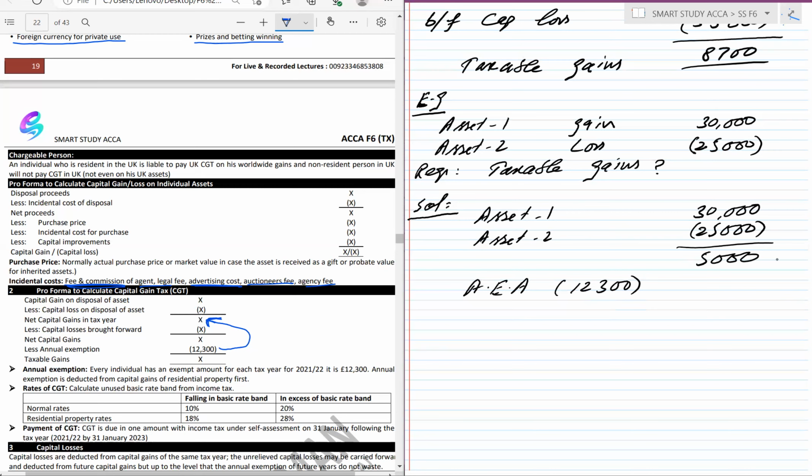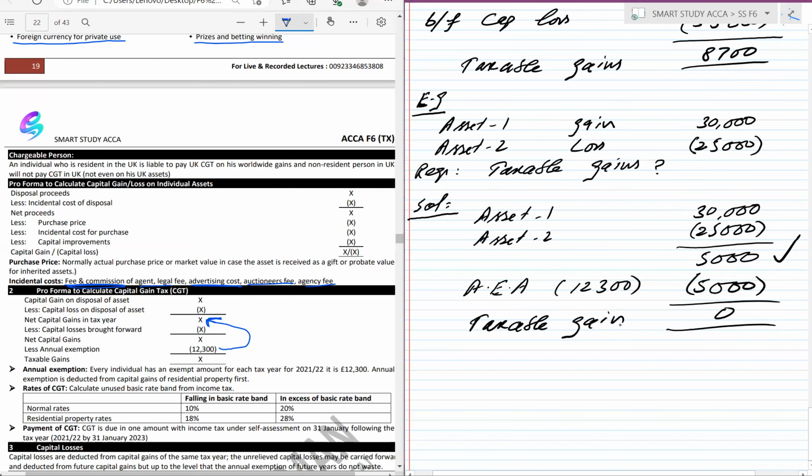Now, because maximum gain is 5,000 pounds, maximum annual exempt amount which is available over here is 5,000, and our taxable gain is 0. Okay, so if there are lesser gains or loss over here, in that case annual exempt amount will be wasted.